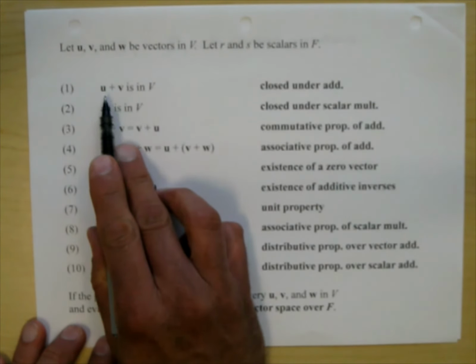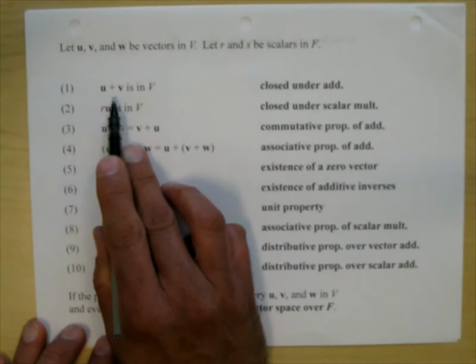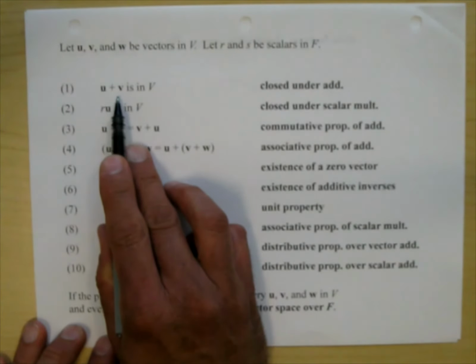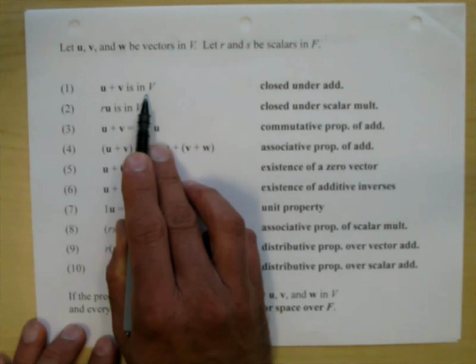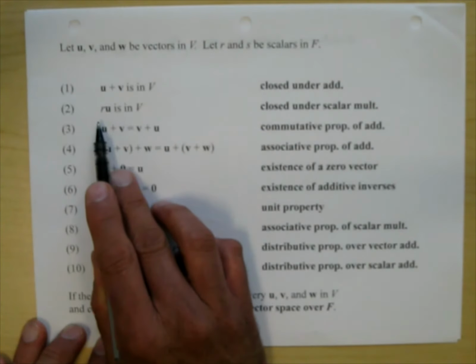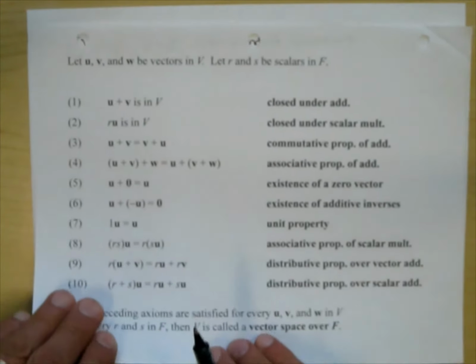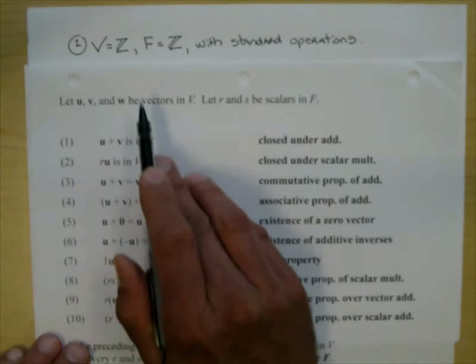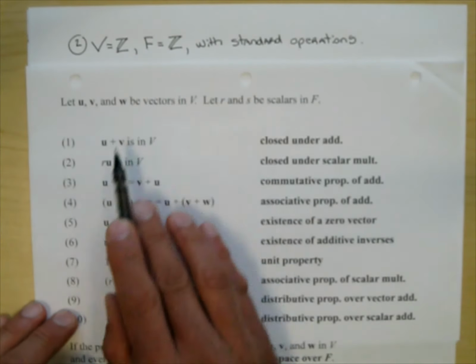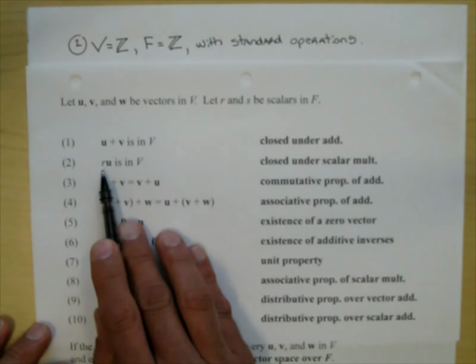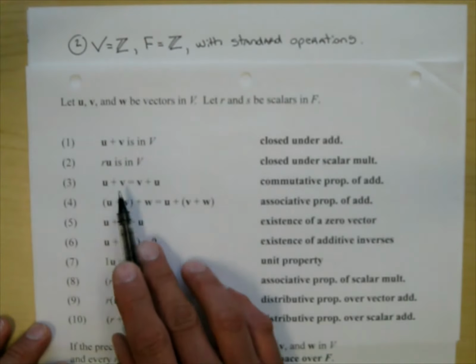If you have an integer and you add it to another integer, so those are both vectors, is it in V? Is it also an integer? And the answer is yes. If I have a scalar times an integer, remember in our example, scalars are integers. So really this is just an integer times an integer. Is it an integer? Yes it is.